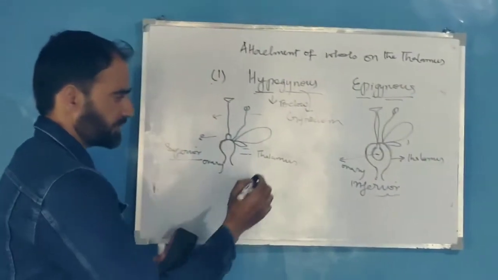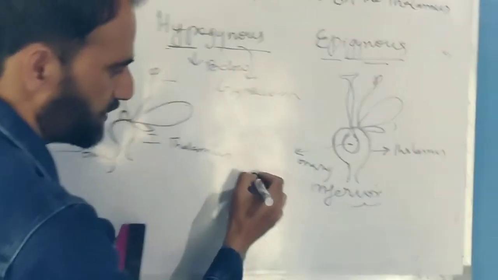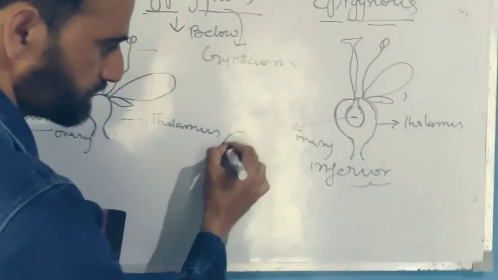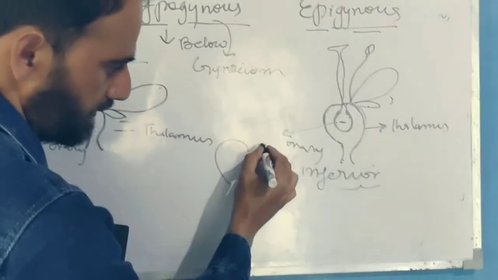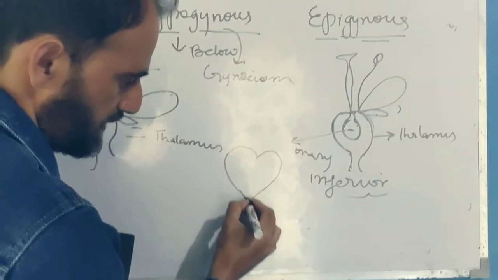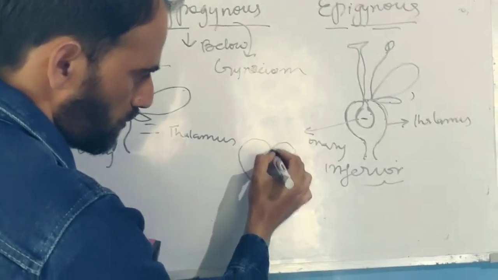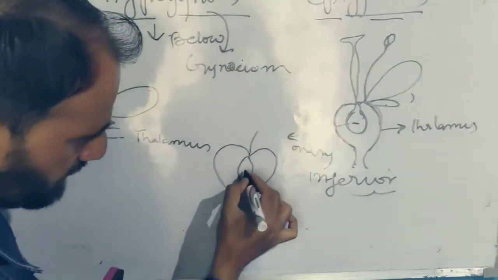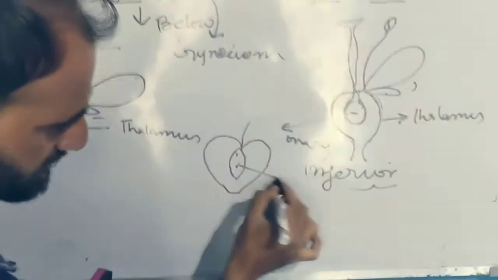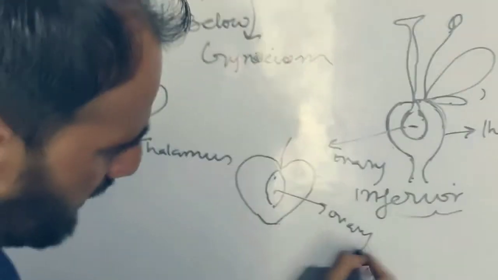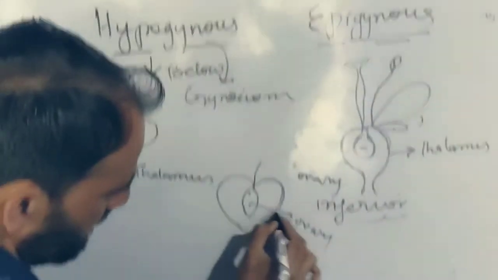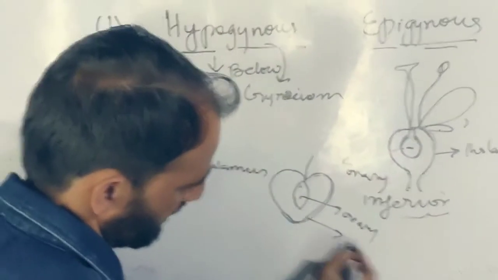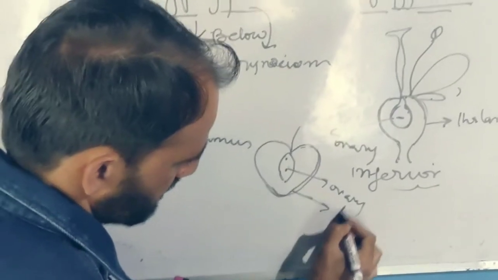I will give an example. You have seen the apple like this. Everyone must have tasted this. Here we can find seeds. This is actually the ovary, and this fleshy part which we eat is actually the thalamus.